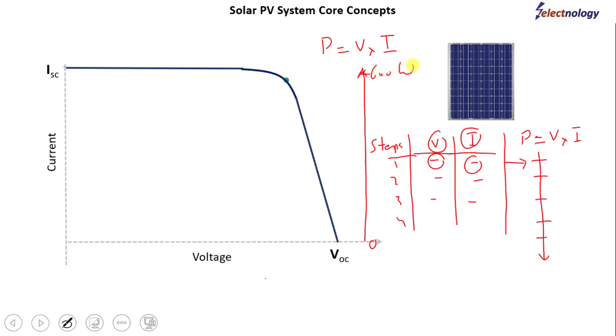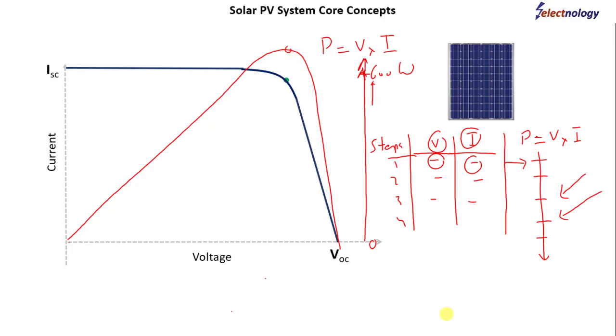If we draw the graph based on these values, it will appear similar to this one. This graph which we have drawn just now is based on the power calculated from multiplying voltage with the current. Now this is the power graph, or the power being supplied by the PV module.